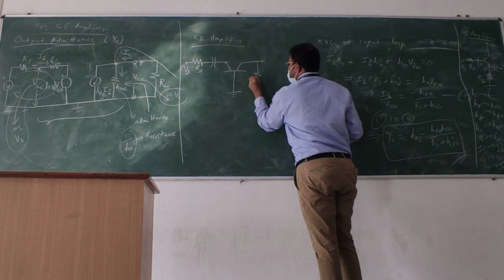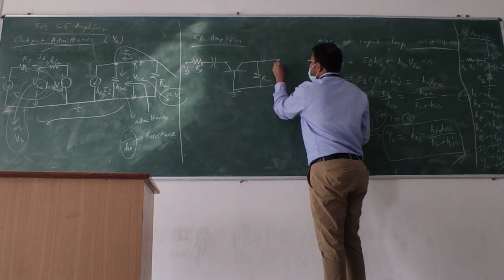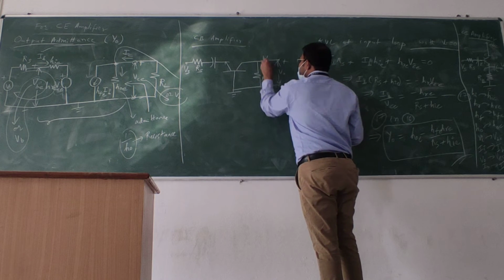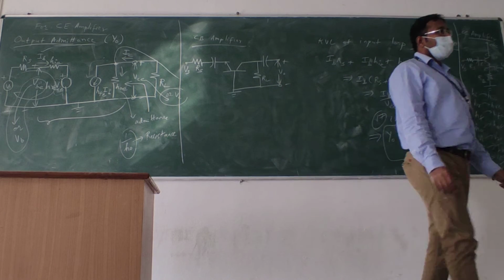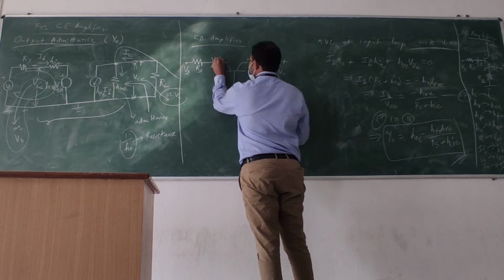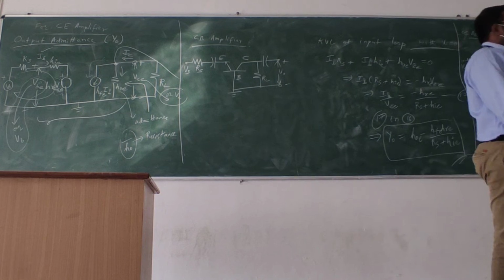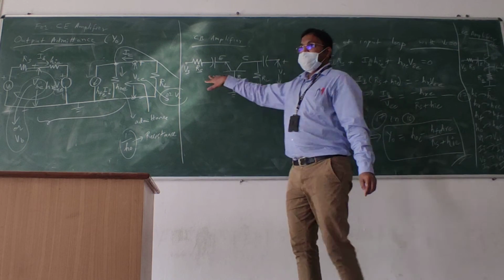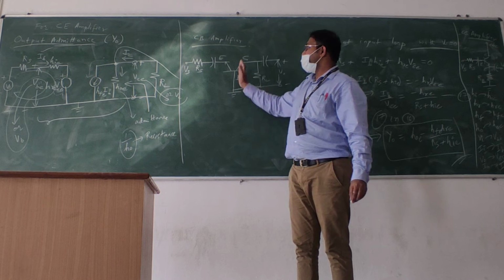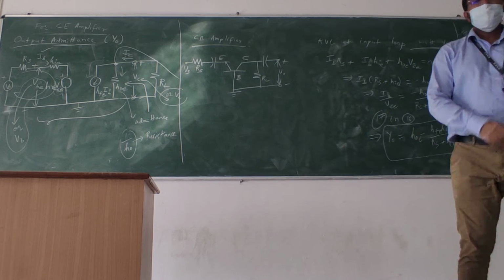Then at the output we have RL, and here we take V0. We will put again one coupling capacitor. Okay. Common base amplifier. This is the circuit, and this is emitter, base, collector. So how to guarantee that this is common base? Base is common, emitter is input, collector is output. Clear? Okay.